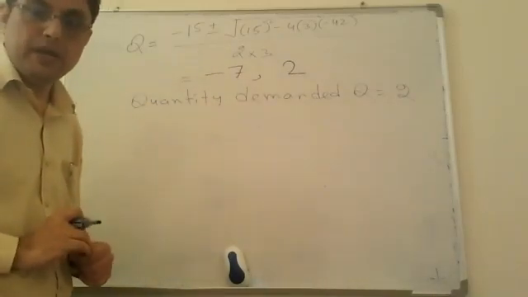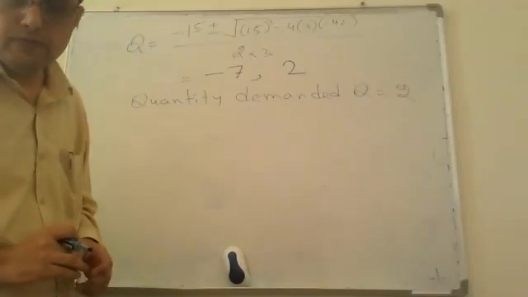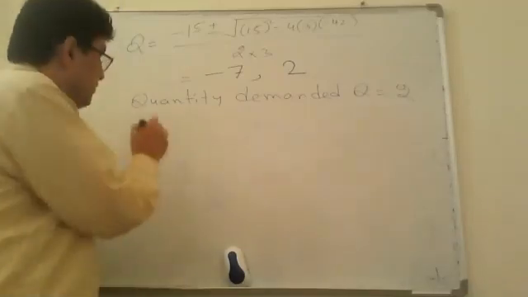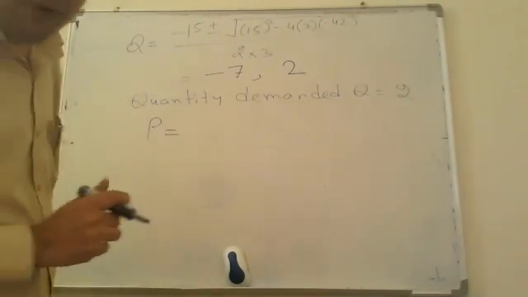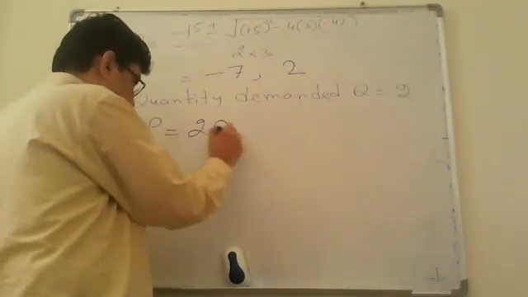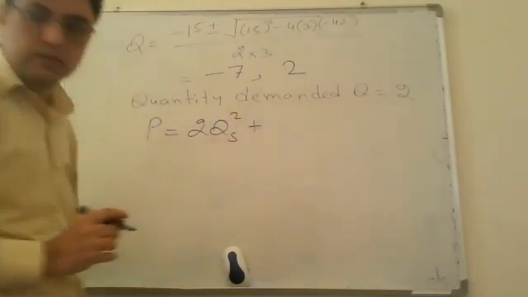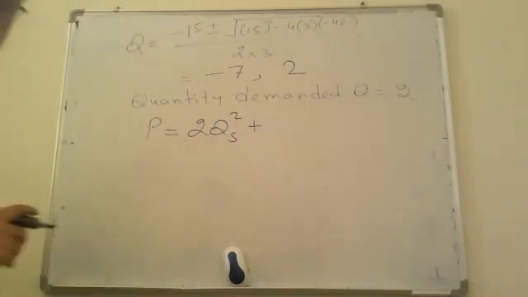Now you need to find p. We have two equations for p. Let's use the first equation. P is equal to 2qs square plus 10qs plus 10.